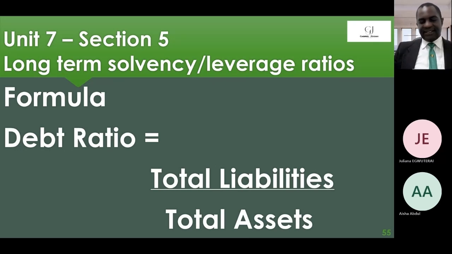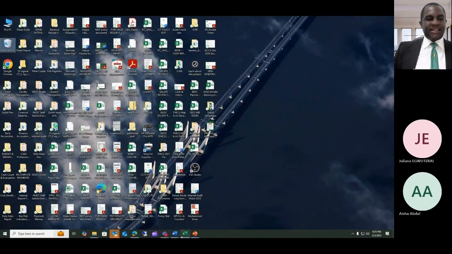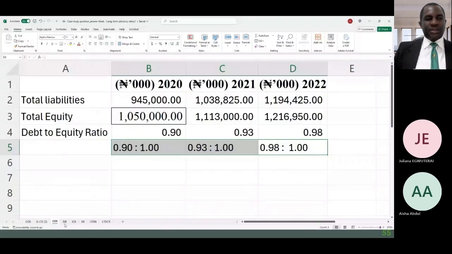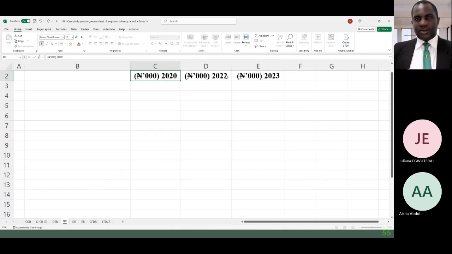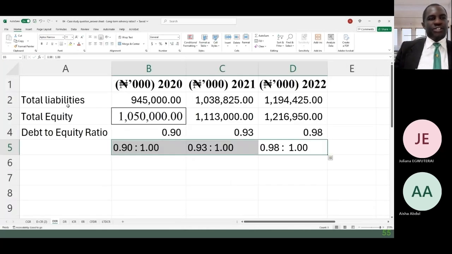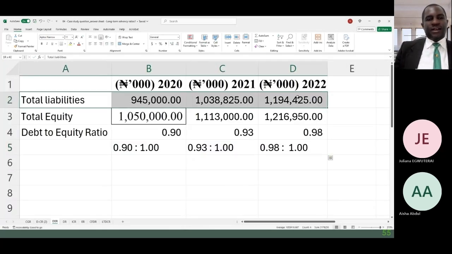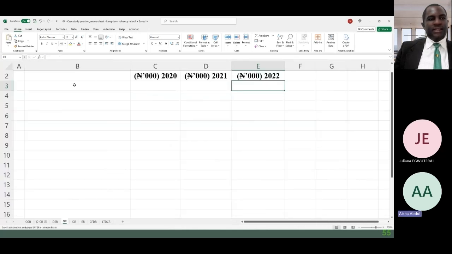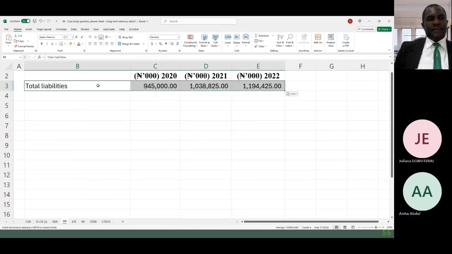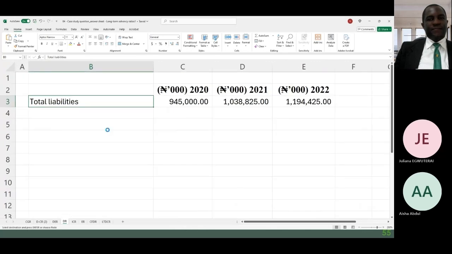Yes, just the total. So let's look at that quickly and see the percentage. So this is not a ratio now, this is a percentage. We are seeing the percentage of the debt to our total assets. Okay, so let me change this quickly to normal. So we just pick the figures directly. There's no need wasting too much time. It's straightforward. This is our debt, which is total current and non-current liabilities.